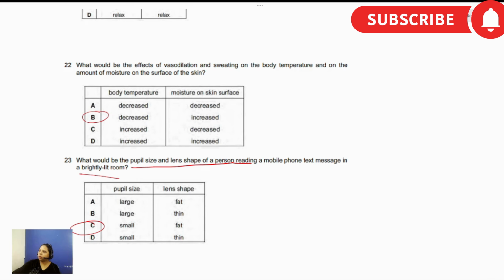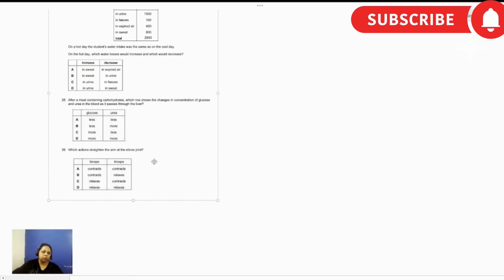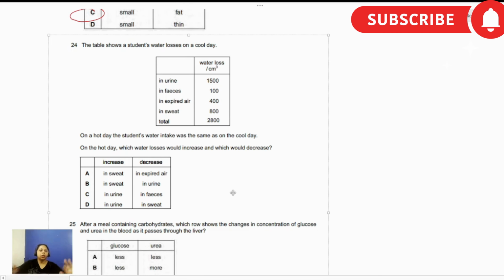Two more MCQs. Okay. Now the 24th one is, the table shows a student's water loss on a cool day: through urine, through feces, in expired air, in sweat. The total amount is this. On a hot day, the student's water intake was the same. Now the temperature has changed.